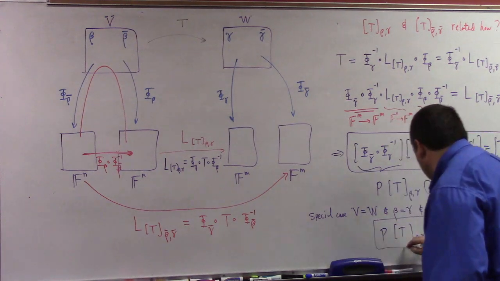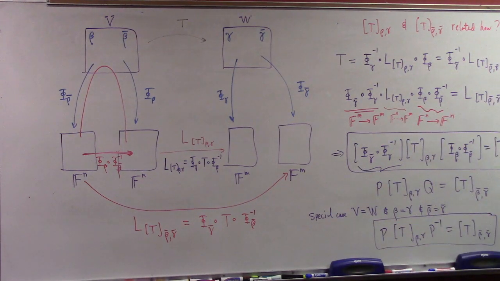Now if that's the case, that's really special. That would make the matrix for the transformation and the coordinate changed matrix what are called similar matrices. They'd be similar matrices.